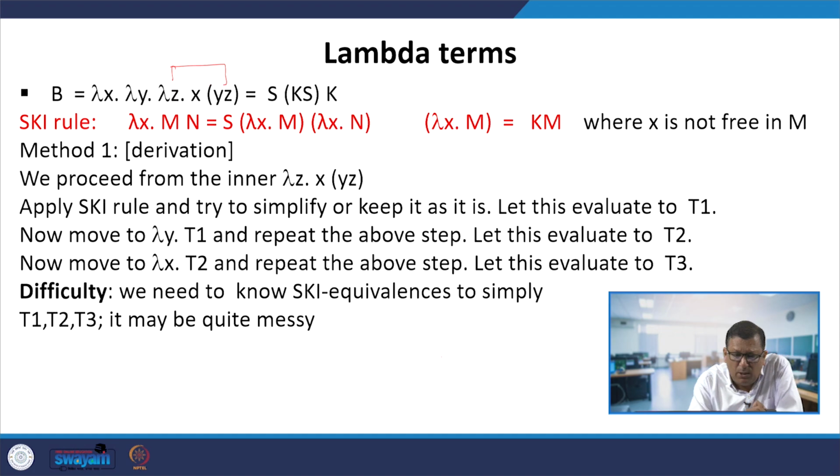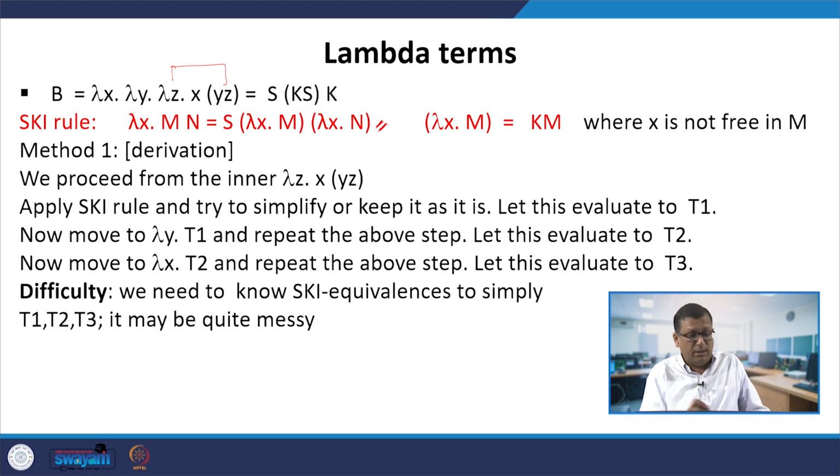The inner part has only one lambda and our rule is applicable here, and we ignore the x and z. So we start from the inner part and see which rule it matches. Here it matches lambda x dot mn. So then we apply the SKI rule and get S of lambda x dot x, and so on.